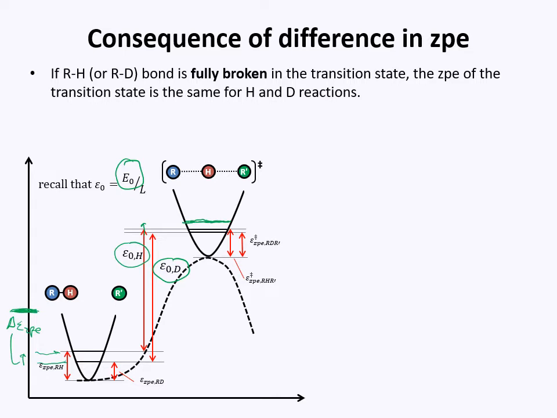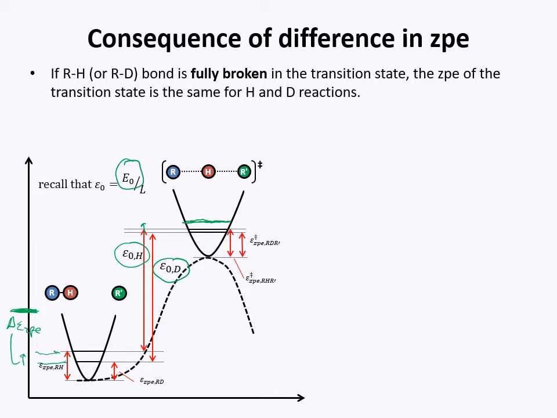The bond probably won't have elongated very much. That would be the condition under which the E0s for both the reaction with the hydrogen and the reaction with the deuterium would be pretty much the same, because the arrows are pretty much the same size, in which case we wouldn't get a kinetic isotope effect.